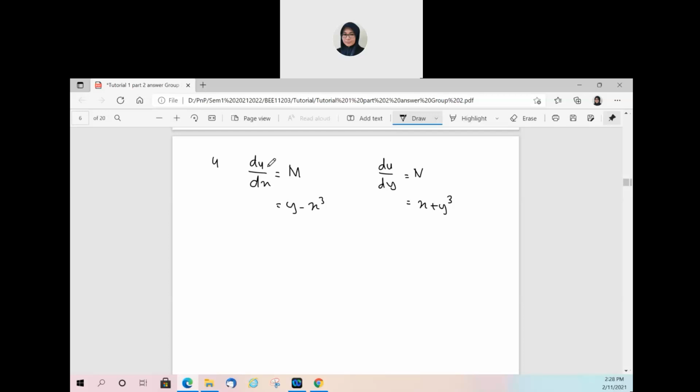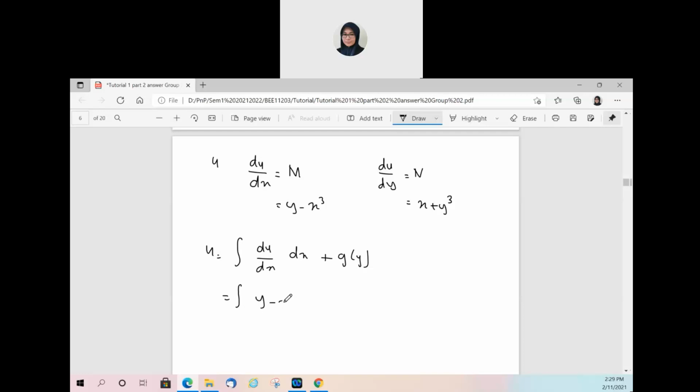To find u, you integrate either M or N. So u equals the integral of du over dx dx plus g(y). If I use du over dx, that means I integrate M.